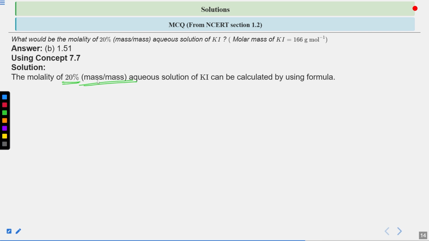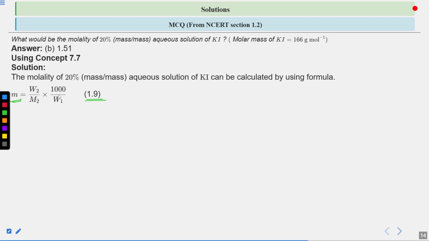So you have to tell the molality for this 20% mass by mass aqueous solution of potassium iodide. And we use the formula, which is molality is given by W2 upon M2 into 1000 upon W1. This is equation 1.9 from the NCERT textbook.